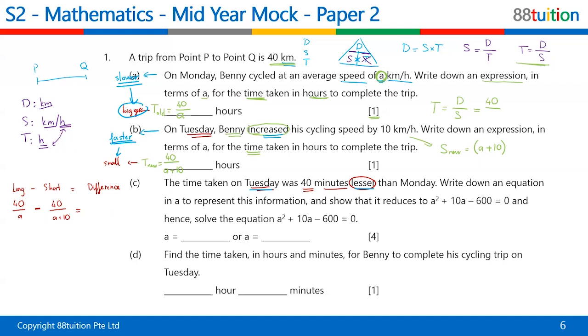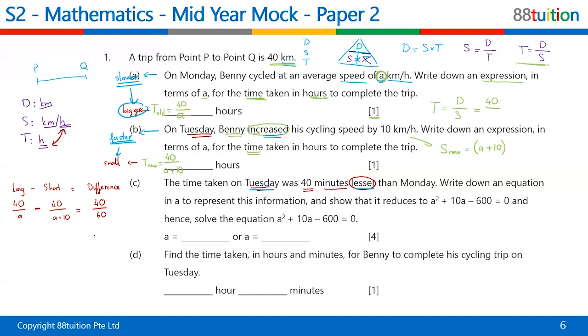So remember about the consistency in the unit. Since our time so far is in hours, the 40 minutes you need to convert into hours as well by dividing by 60. So this is the very first line we are supposed to have: the longer time minus the shorter time equals the difference.